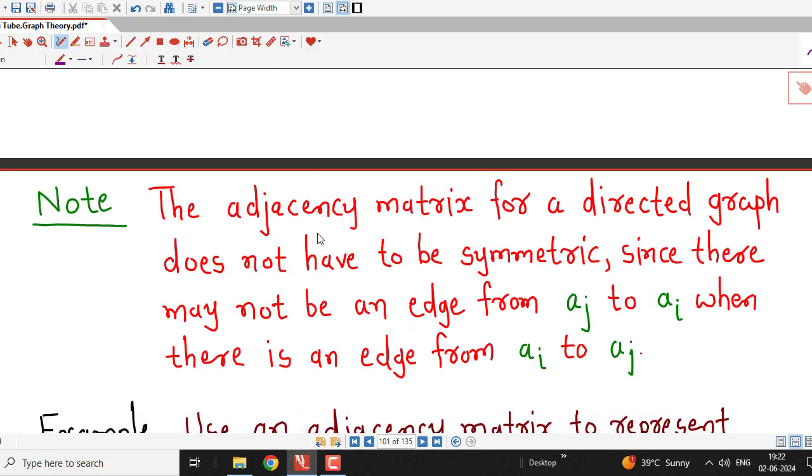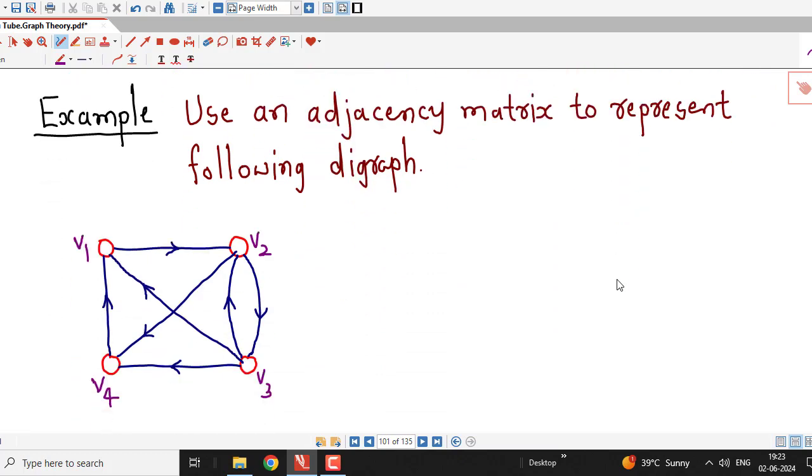Now if our graph is directed, then it is not necessary that the adjacency matrix of a directed graph is symmetric, because if there is an edge from vertex Vi to Vj, it is not necessary that there is an edge from Vj to Vi also. Here I have taken one directed graph and we can write down its adjacency matrix.